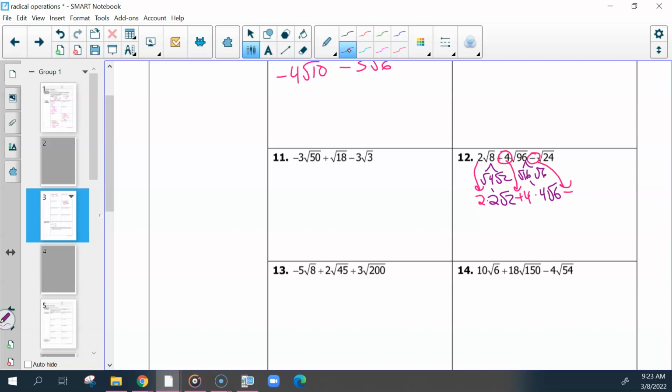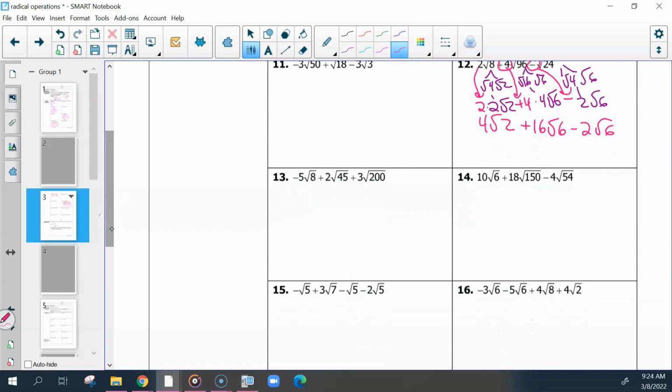What is the highest perfect square we can divide out of 24? 4. And 6, that would become 2 times the square root of 6. Simplify that. 4 times the square root of 2 plus 16 times the square root of 6 minus 2 times the square root of 6.